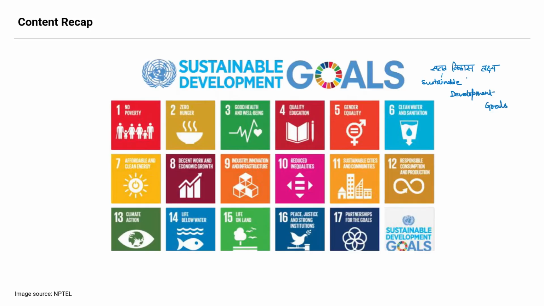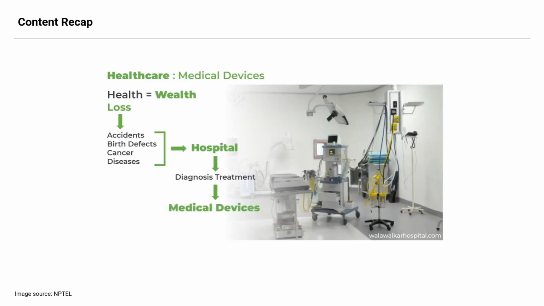Those of you who are not aware of the Hindi language, I'm just trying to tell you. It is called Satat Vikas Lakshya, Sustainable Development Goals, a set of 17 goals across different domains of gender equality, education, industry, climate, environment. It includes all those 17 parameters.